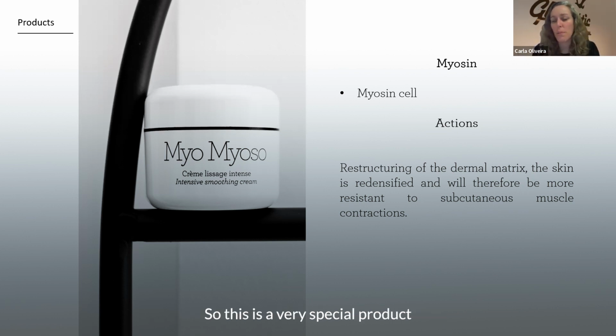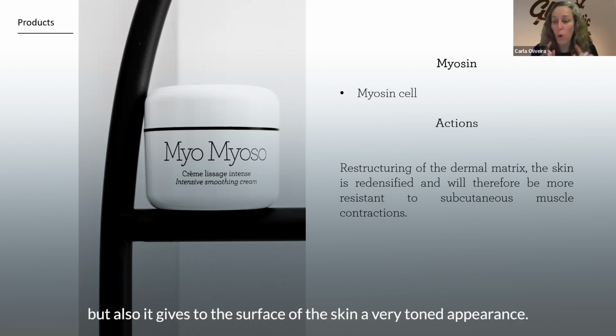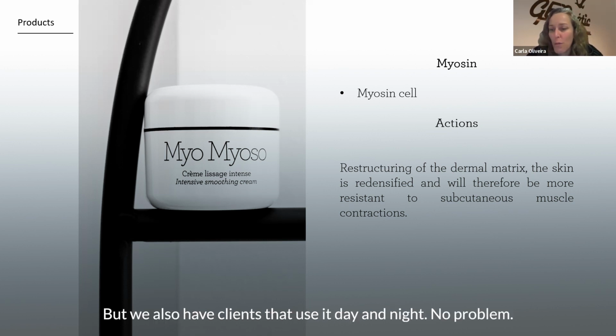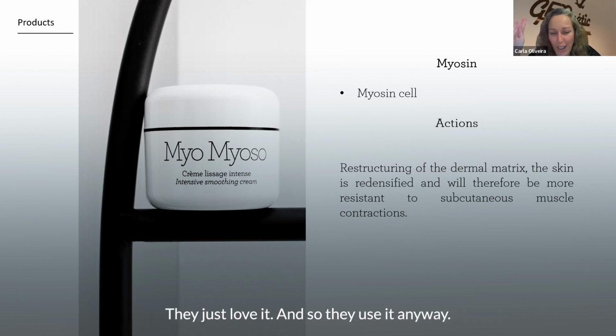So this is a very special product in order to take advantage of this situation, but it also gives the surface of the skin a very tense appearance. So it's very nice to use in the day to give this feeling to the skin. But we also have clients that use it day and night, no problem. They just love it, and so they use it anyway.